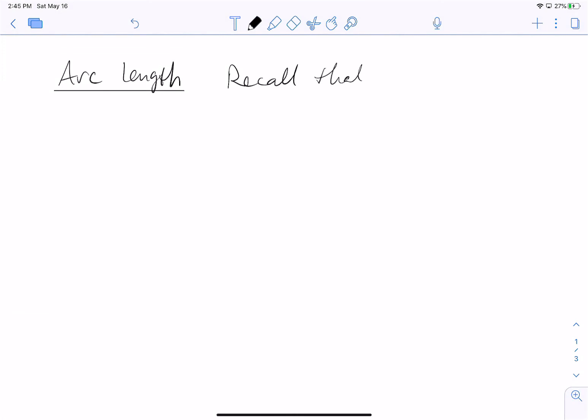Recall that we have a formula for arc length. It is L is equal to an integral from a to b of the square root of 1 plus f prime of x squared dx.